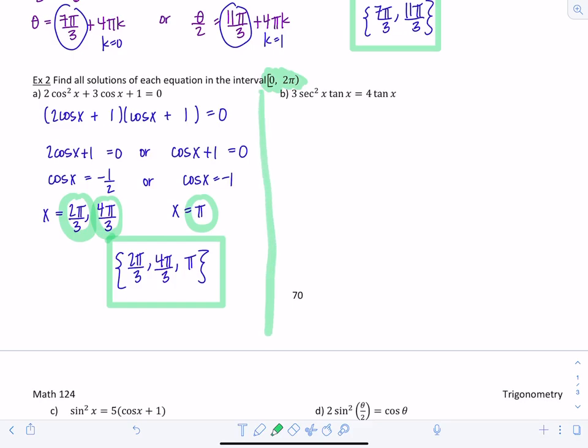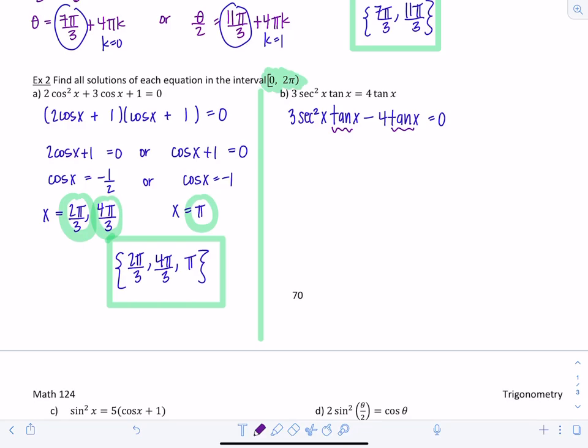Let's just separate things here. So we have 3 secant squared x tan x minus 4 tan x is equal to 0. Now, in this case, we can factor still, but it's going to factor differently than the last problem. I'm just going to pull out the greatest common factor, which in this case is a tangent x.